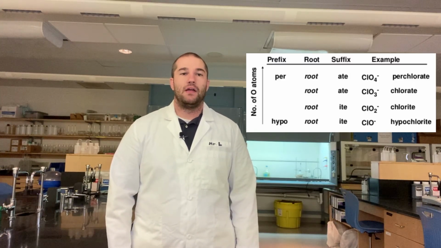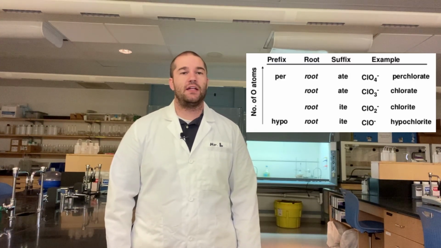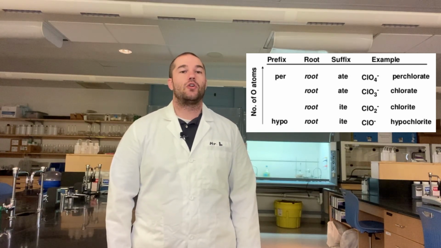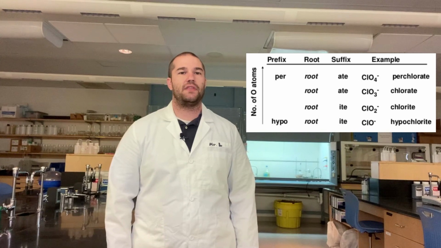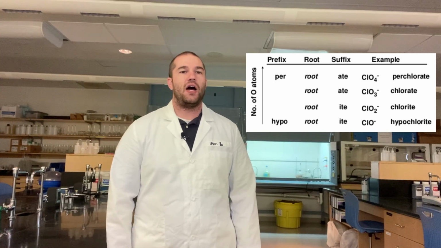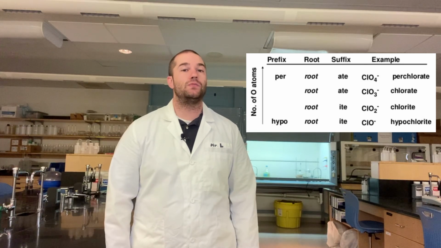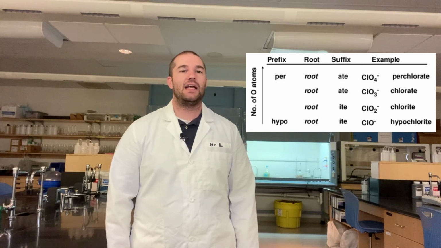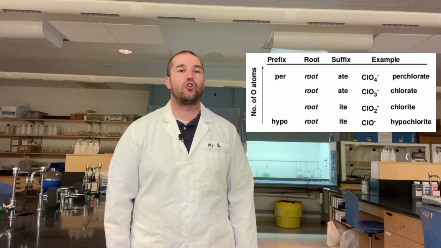So the way that we tell the difference between these oxy anions is it's going to have a family. So if we looked at something like chlorine and it's in its oxy anion state, it could be chlorine with one oxygen attached with a -1 charge. That's called hypochlorite. You could have ClO2 minus, that's called chlorite, ClO3 minus, that's called chlorate, and ClO4 minus is called perchlorate.